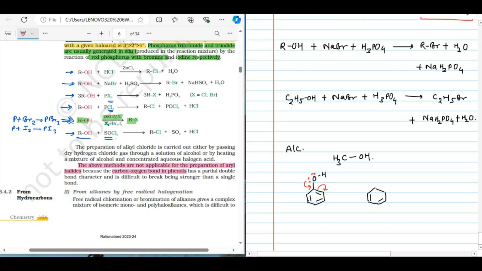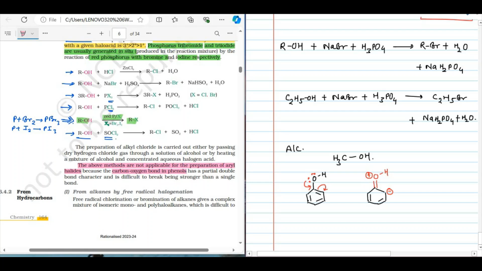So here it will move to another carbon in the form of negative charge and the carbon-oxygen bond becomes double and oxygen develops positive charge. Because of this partial double bond character, it is very difficult to break the bond between carbon and oxygen in case of phenol.